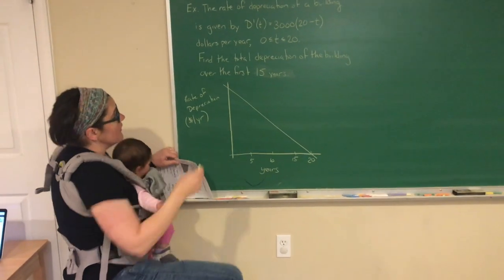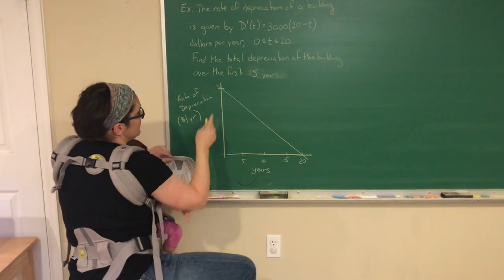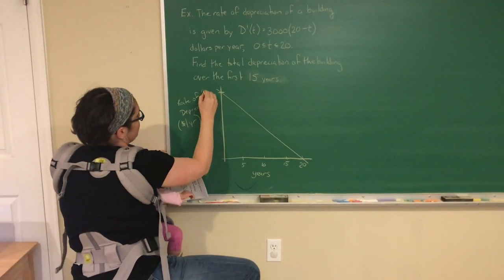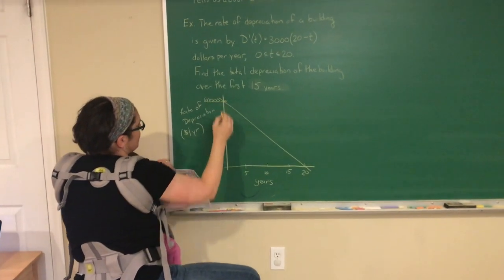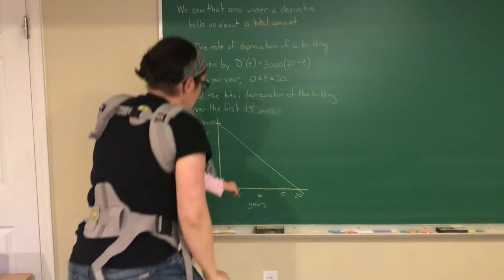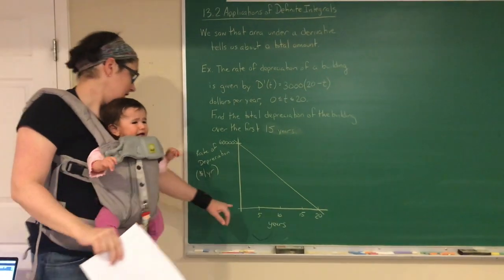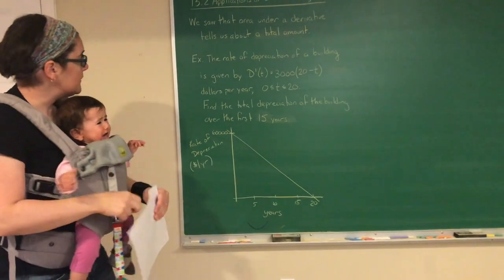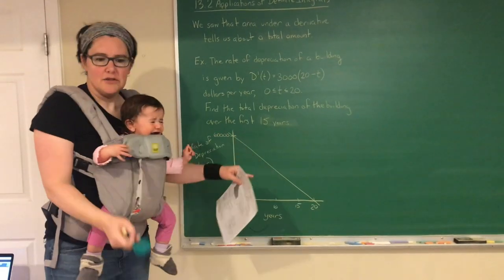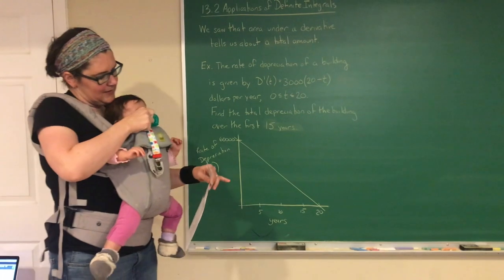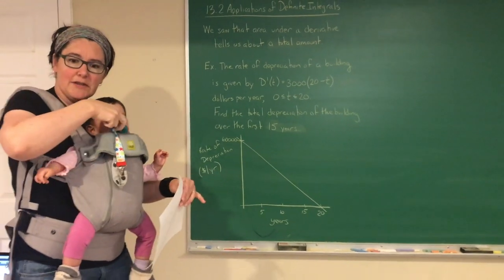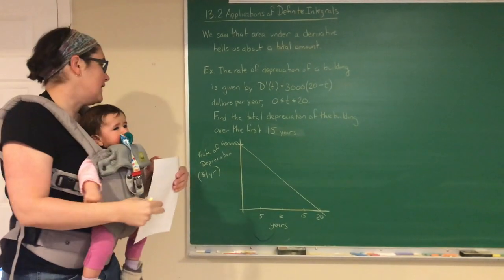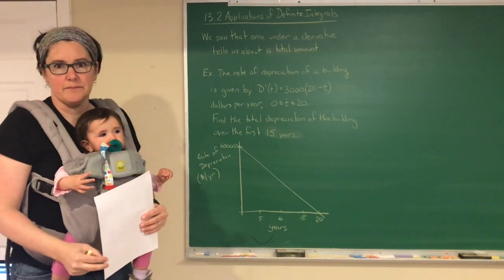What we saw on the graph on the computer was that the top corner of this graph occurred at 60,000. So this says that at time 0, when the building is first built, you should expect that in that first year, the building is going to depreciate at a rate of $60,000 per year.